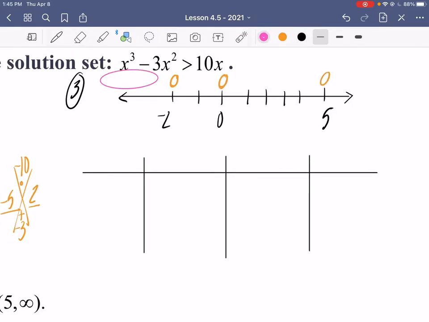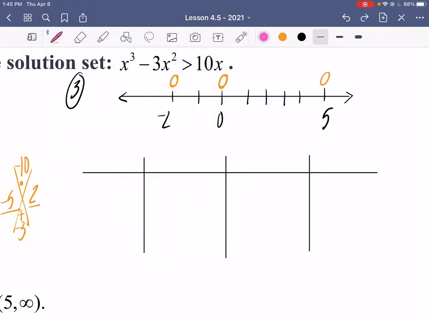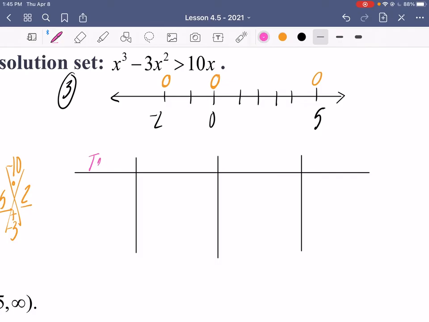So I need to look to the left of negative 2, so let's just test negative 3. Okay, in between negative 2 and 0, so let's test negative 1. In between 0 and 5, so let's just test 1. And then over to the right of 5, so let's just test 6.